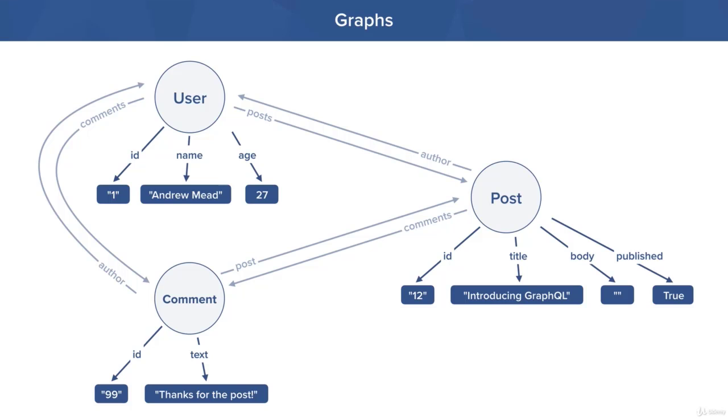So a comment is also related to a post. Similar to all this, a user and comment will also be related. A user can add as many comments as he wants on a post, and a comment can be associated with a certain user. So comment and user are also related.